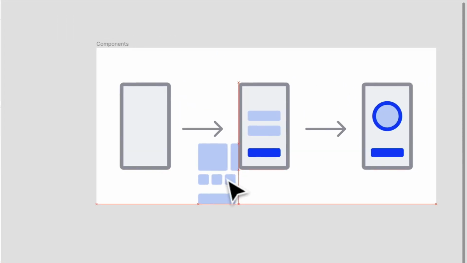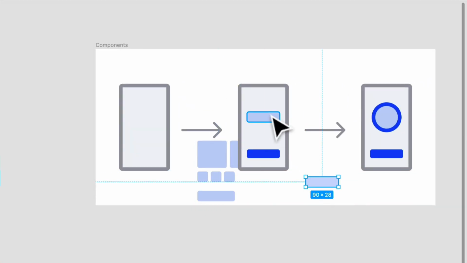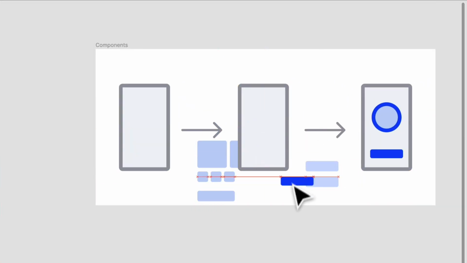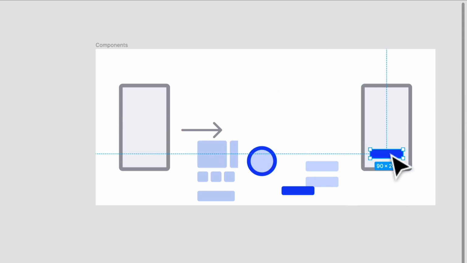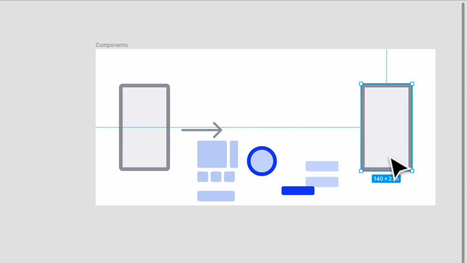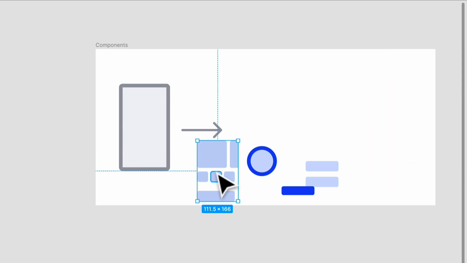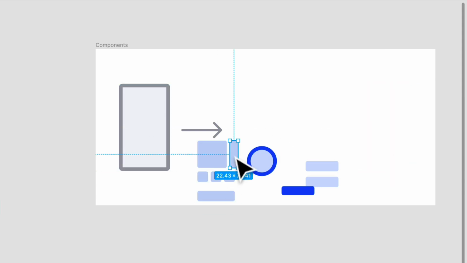Okay, so let's pull some of these out. We can delete that. We can delete that. I'm not sure about all the different types of components we're going to need, but this is a good starting point. Actually, that's pretty repetitive.